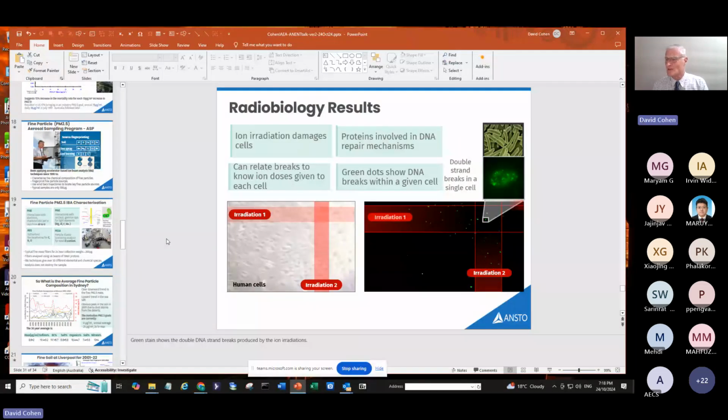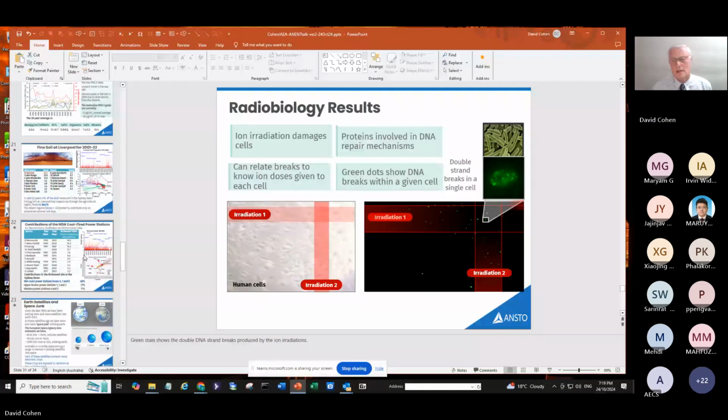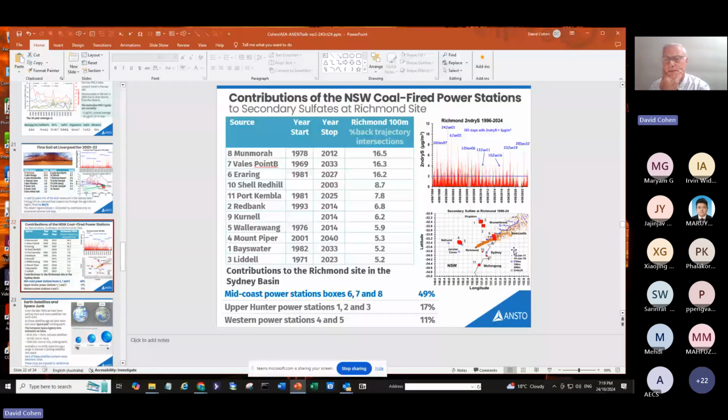For instance, if it's sea spray, let me see if I can give you an example here. Can you see this slide here? This plot here is the coastline of Australia. This is land to the left, and this is ocean to the right. These are back trajectories for 24 hours.